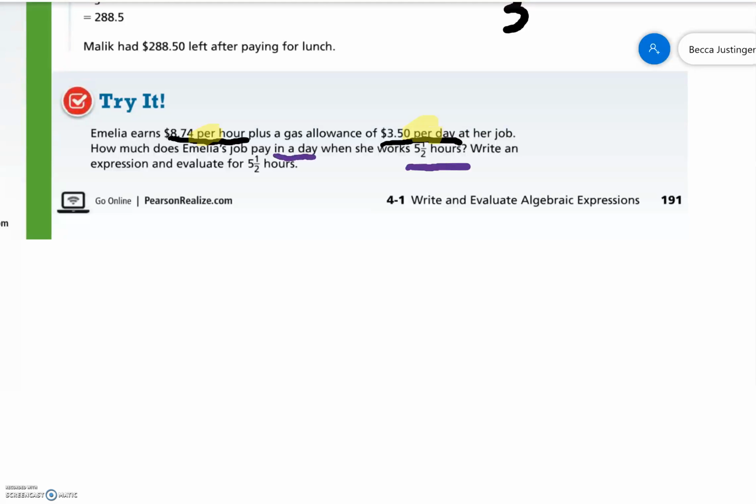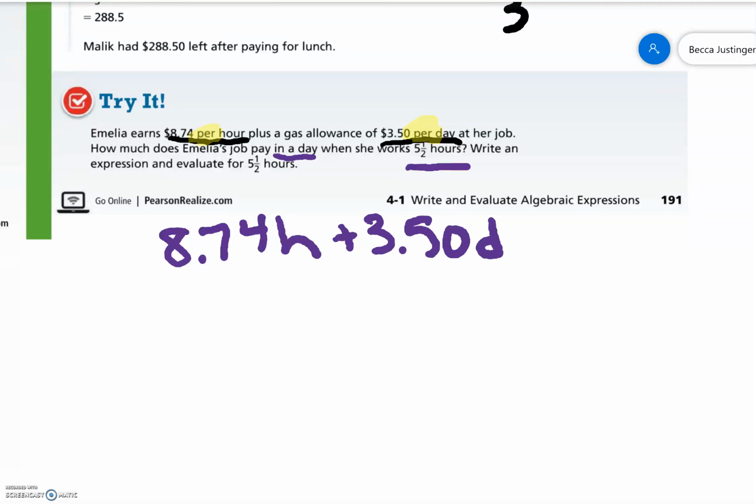So first we're going to write an expression. So we know she earns $8.74, and that's per hour. So it's 8.74H. And then they give her a gas allowance of $3.50 per day. Well, if we know it's 1 day, D equals 1, and she works 5.5 hours, so H equals 5.5.